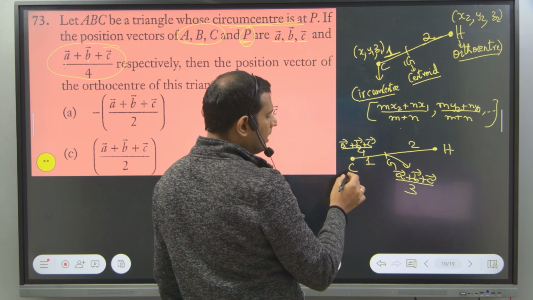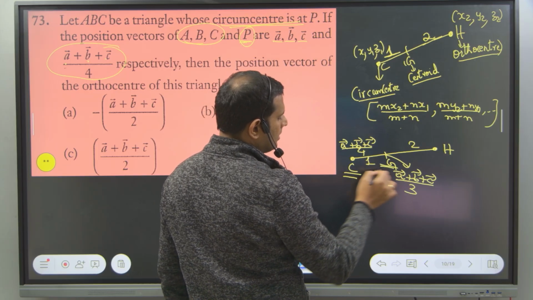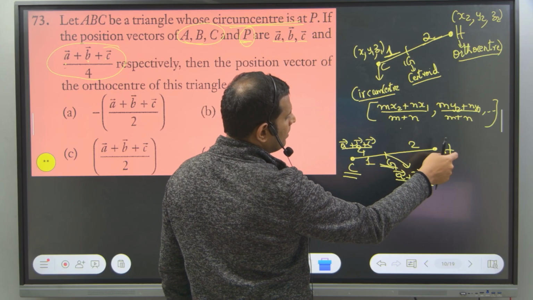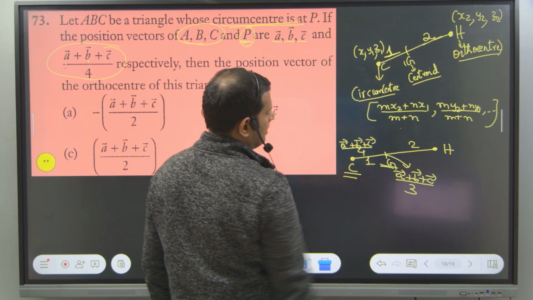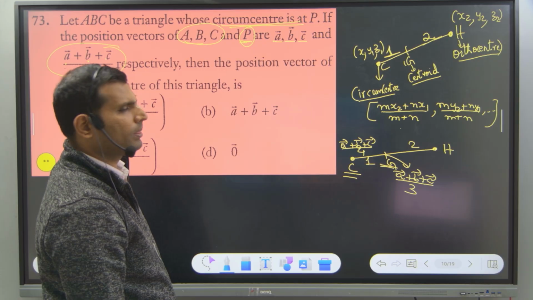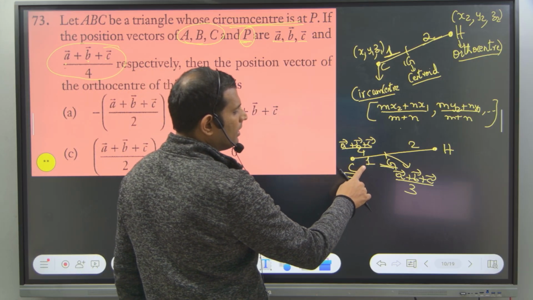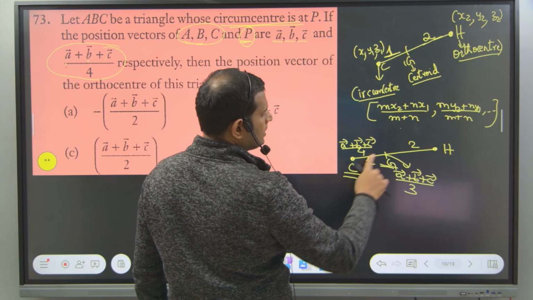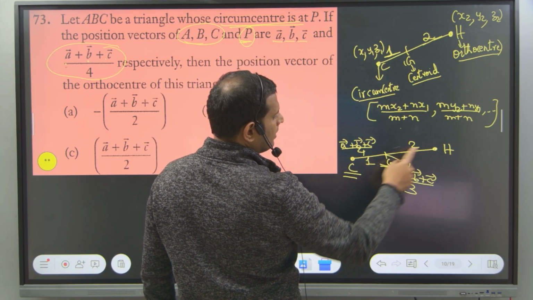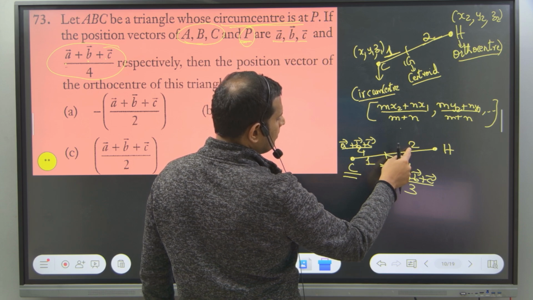So now I know the centroid, I know the circumcenter. With both of them I need to find out the orthocenter. Is it understandable, students? Yes or no? Now apply the section formula. 1 into which vector? 1 into H plus 2 into which vector?